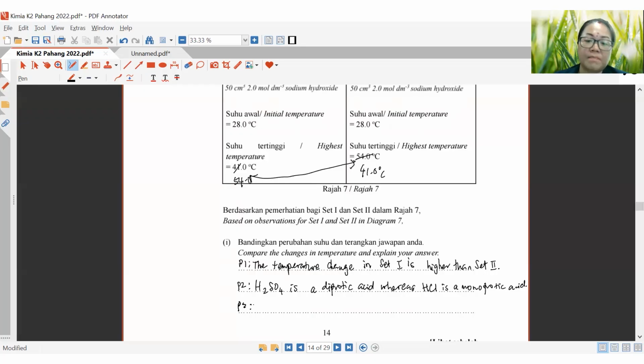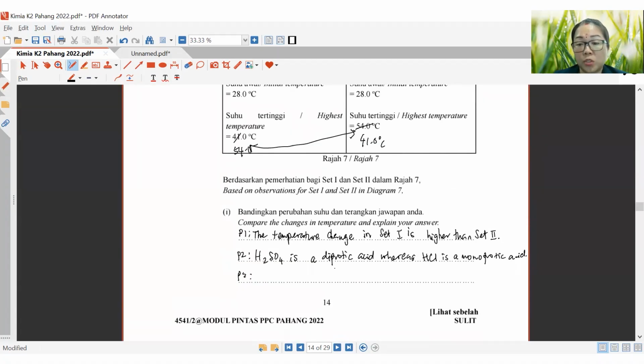And then you have to explain further, to support the answer that you mentioned in point 2. How is it that the concentration of hydrogen ions in sulfuric acid is twice higher compared to hydrochloric acid?